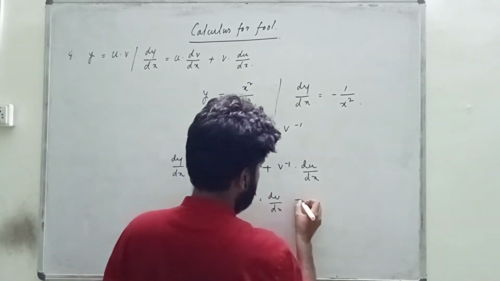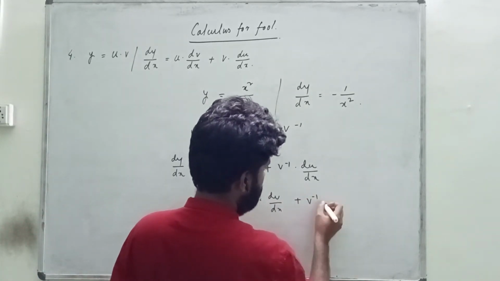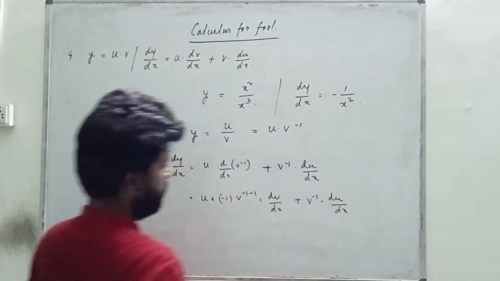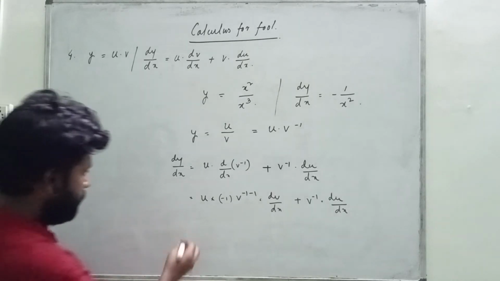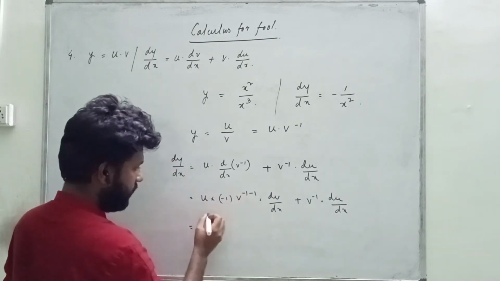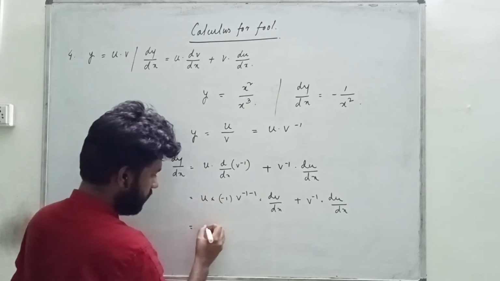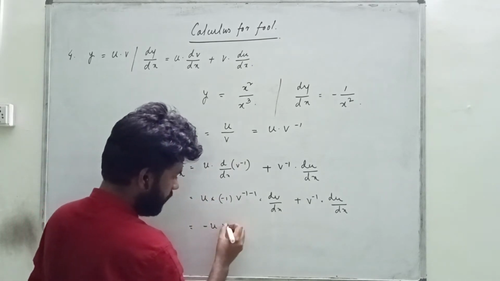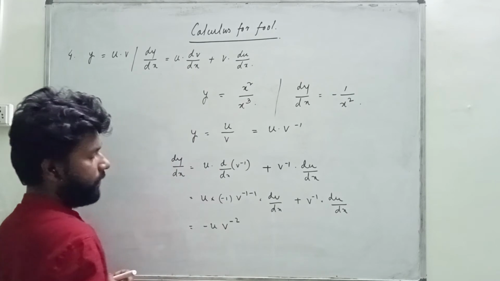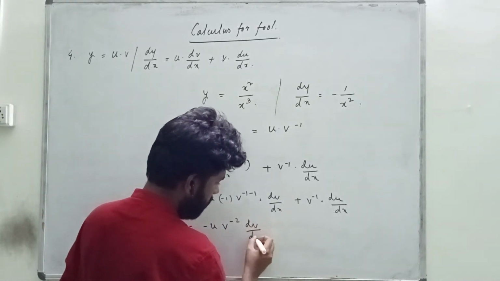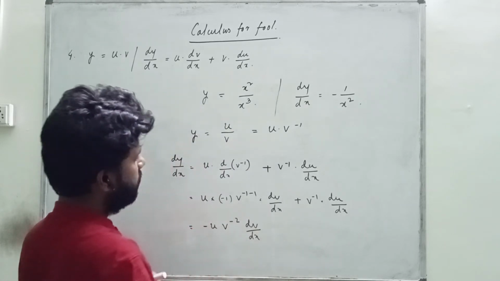And it is v power minus 1 into du over dx, right? Okay. So what is this actually? It's a minus 1 into u, that means minus u v power minus 2 dv over dx, right?